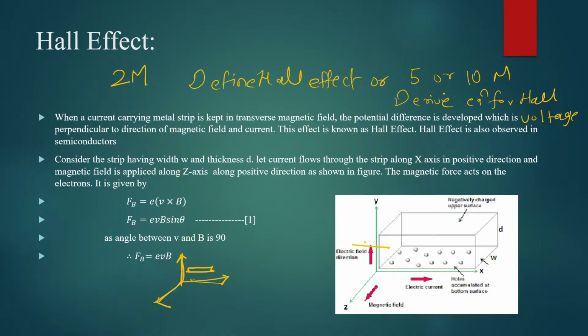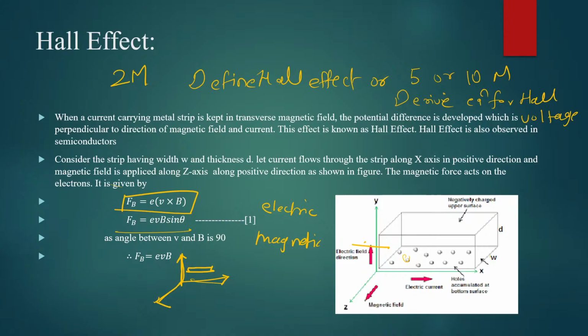Whatever voltage is developed across those two faces is nothing but the Hall voltage. Here you see that both the electric field and the magnetic field are present. The force exerted on the electron or hole for creating the potential difference is a magnetic force, Fb is equal to e v cross B, or we can convert it into e v B sine theta.